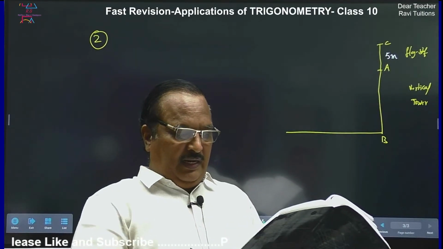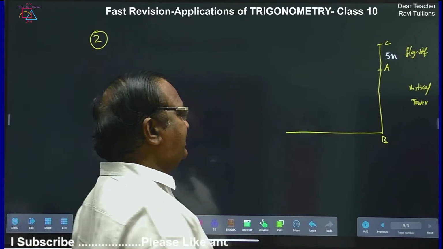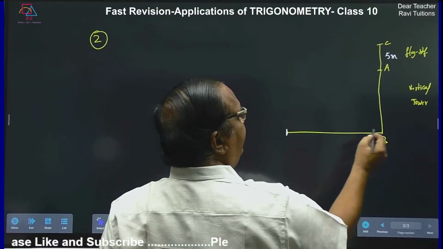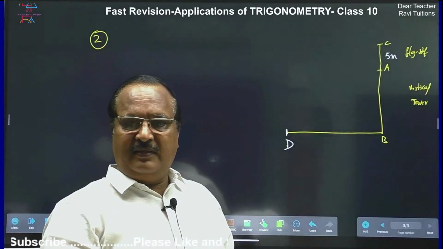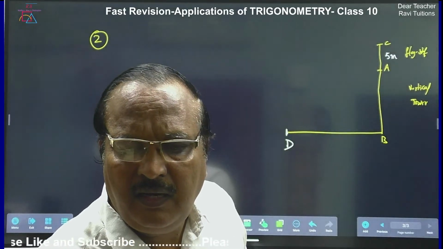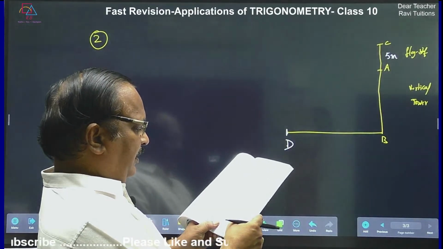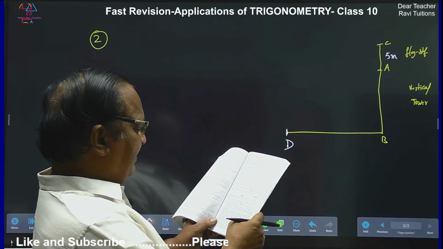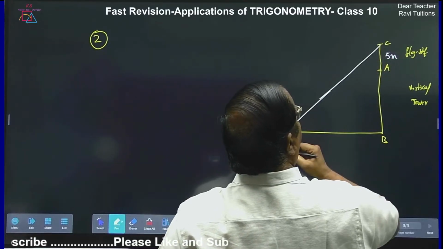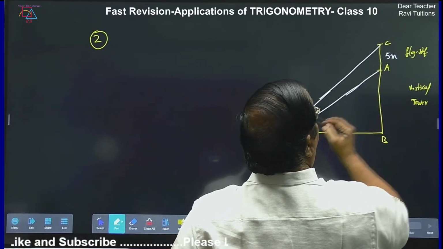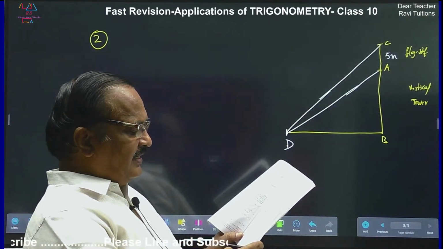Right. And then at a point on the plane. That means at a point on the plane, let us take this point D. The angles of elevation of the bottom and top of the flagstaff are 30 degrees and 60 degrees.